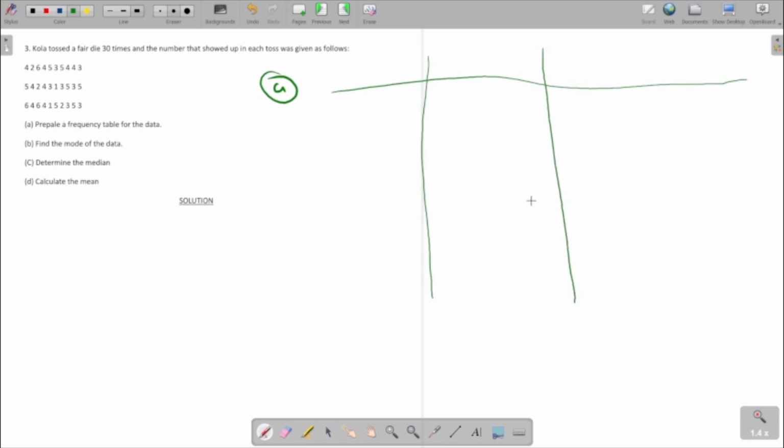In our table, we have the score. If you are talking about a die, you have 1 2 3 4 5 6. So you are starting from 1, 1 2 3 4 5 6. Then we talk about the tally. We talk about the frequency.